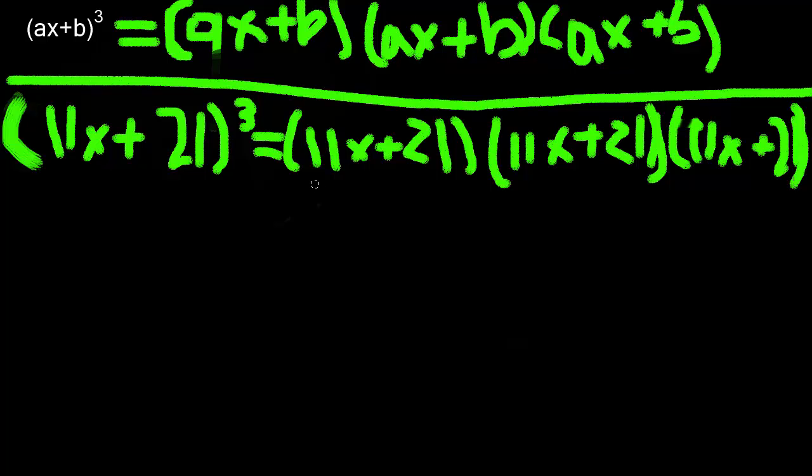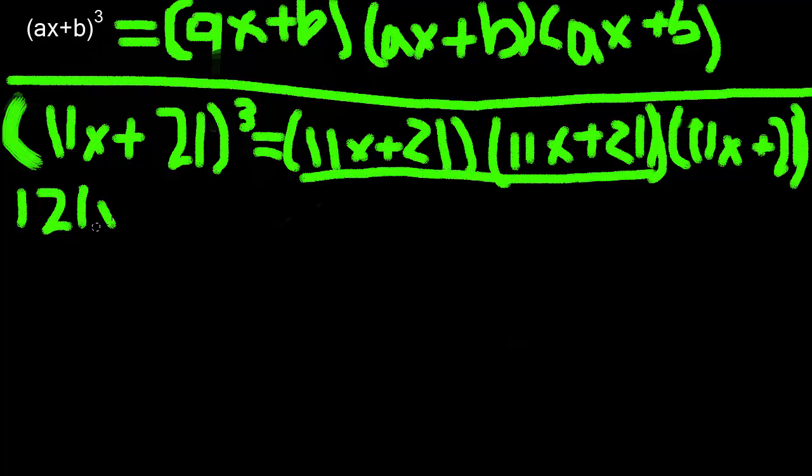So how do we approach this? First, let's do these two. We'll do a simple FOIL again, and that would get us 121x squared, and 11 times 21, 21 times 10 is 210 plus 21, so 231x.